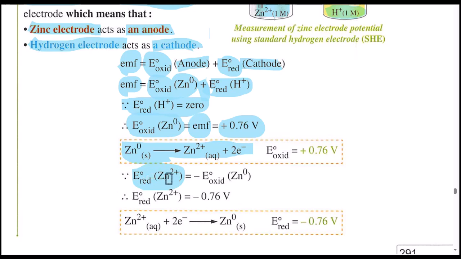So we want to calculate the standard reduction potential of the same electrode. The standard reduction potential of zinc positive 2 aqueous equals negative the standard oxidation potential of zinc zero solid, then the standard reduction potential of zinc positive 2 equals minus 0.76 volt, and it refers to the reduction process that happens when zinc positive 2 aqueous takes electrons and transforms into zinc zero solid.